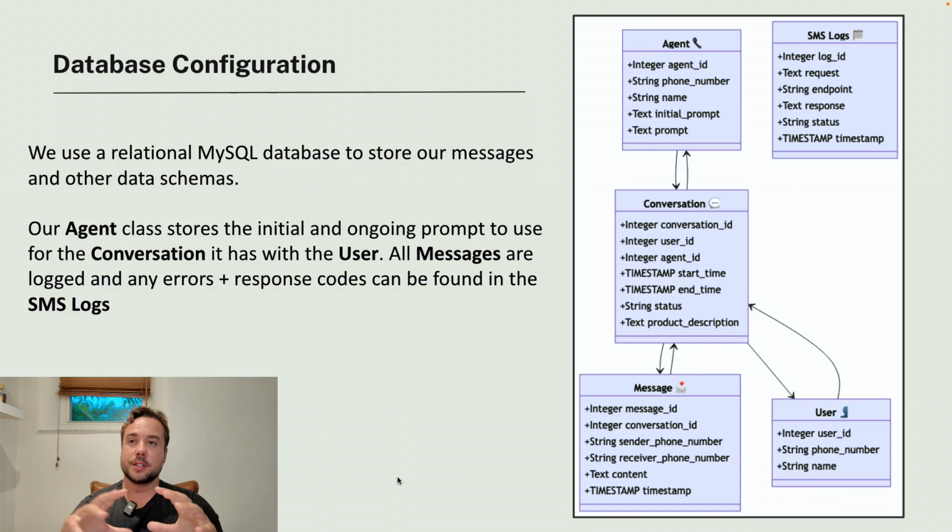So pretty simple data schema. I'm using MySQL, but you can use any kind of relational database to store your messages. I definitely think it is nice, if you had this running on a server and you needed to tweak some fix in the prompt, you can just go into the database and tweak the prompt there versus having to redeploy your whole service again. So that's a nice flexibility there.